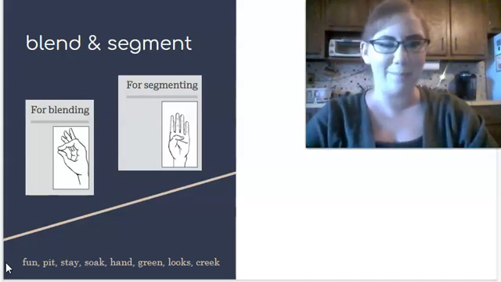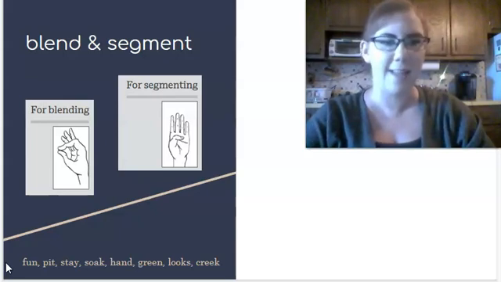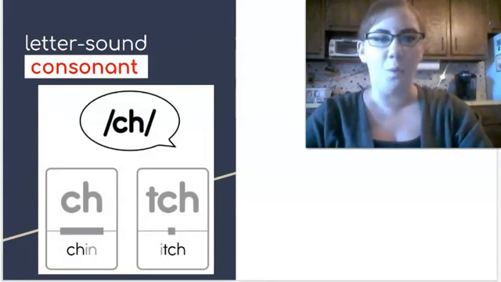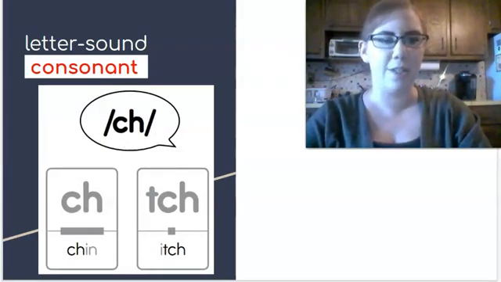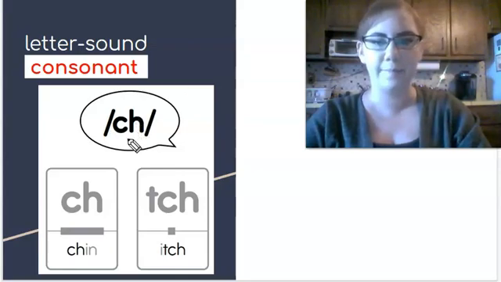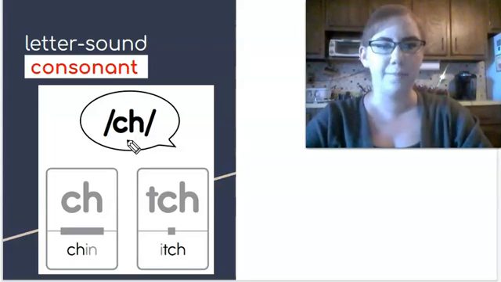Working hard already. We've got a couple of consonant digraphs to look at today. What is this first one we've got here? Do you remember what sound these 2 letters make? This says ch. Say it with me. Ch.